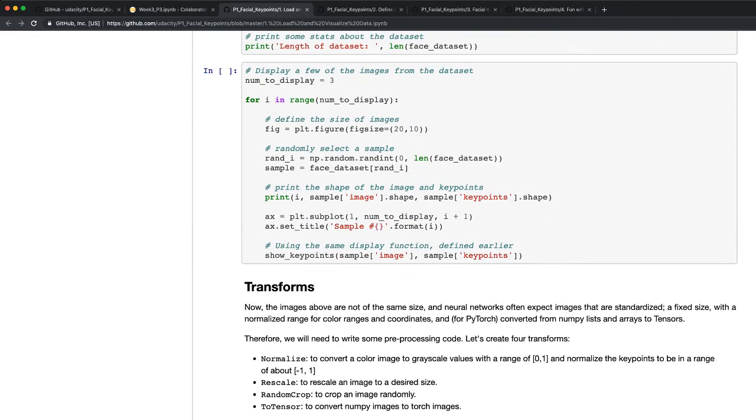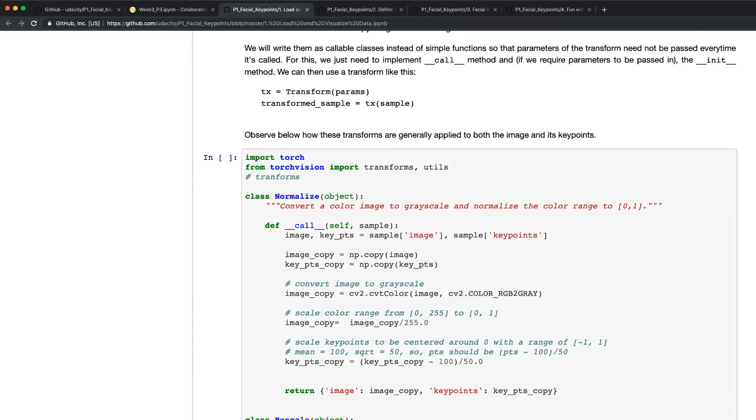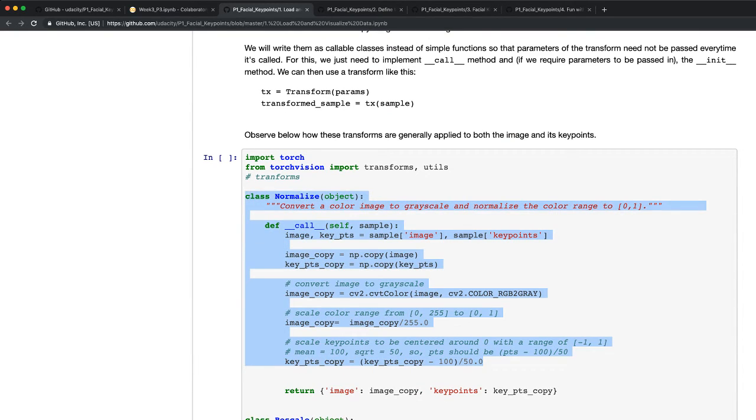Going down here, transforms. So here, normalizing, we do this because this usually helps the model to generalize better right from the start. It makes learning much faster, because if each input value is 1,000, 1,200, or 255 here in terms of images, we can end up with something called exploding gradients in the network.